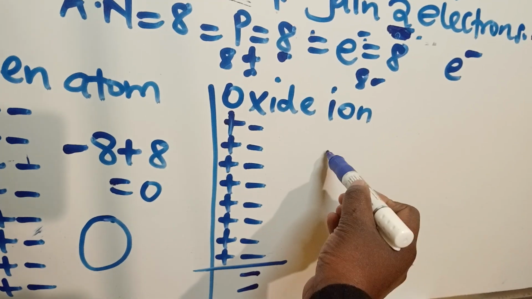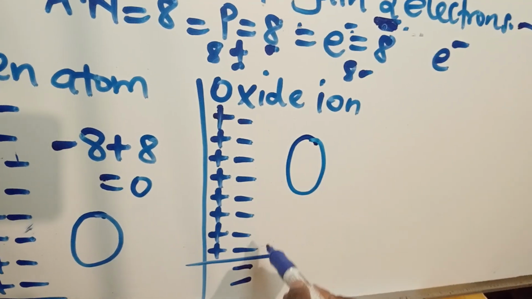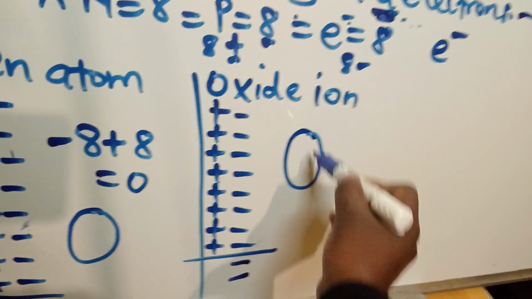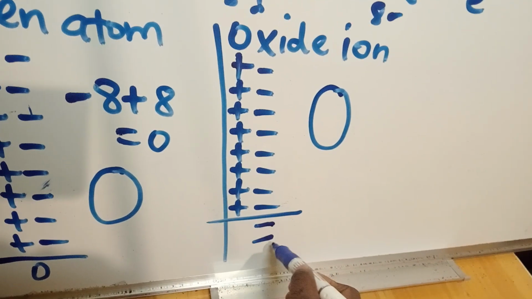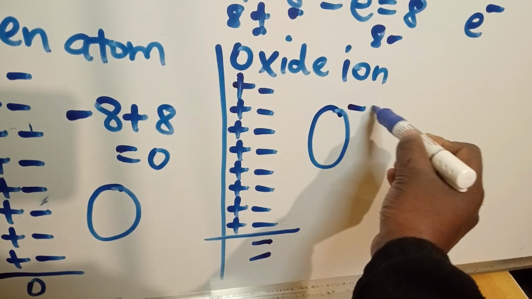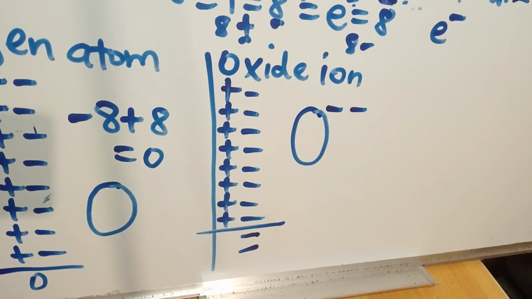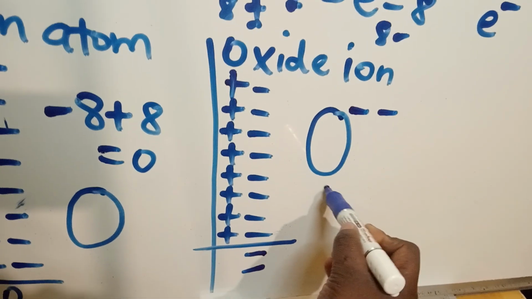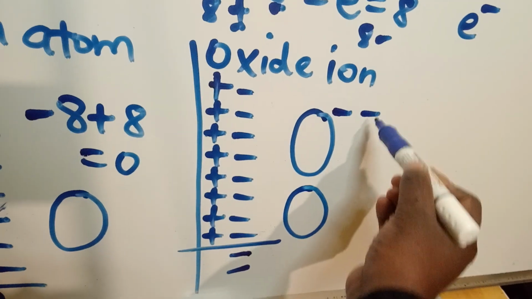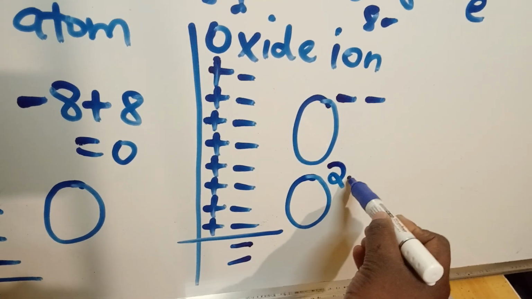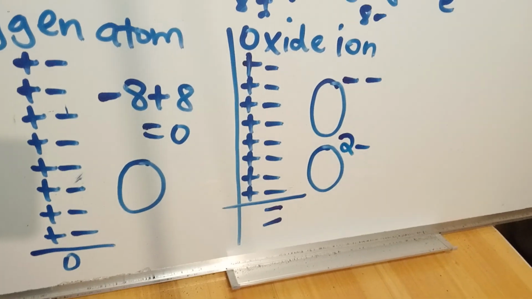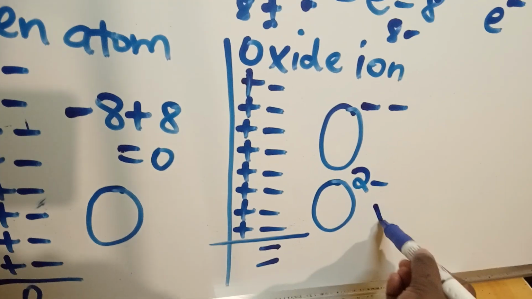So when you be writing the formula of oxide ion, we'll have capital O, the symbol for oxygen. And how many negatives are these? 1 negative, 2 negatives. Then you combine the negatives: 2 negatives. So this is the correct way.